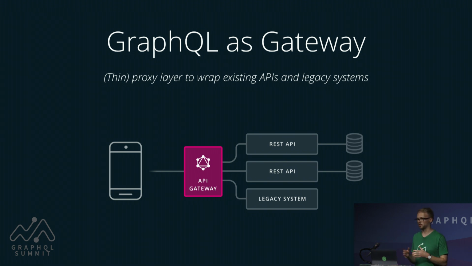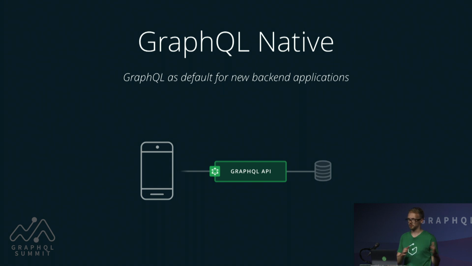But that has made GraphQL incredibly popular, and now people start thinking, why should we keep building our APIs in REST, why don't we just use GraphQL from the beginning? This is what Apollo, I think you already also talked about, as a GraphQL-first approach, and the more technical term is what we call GraphQL-native backends.